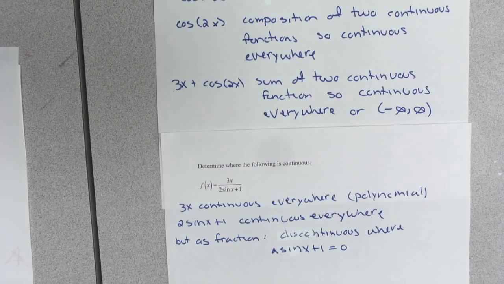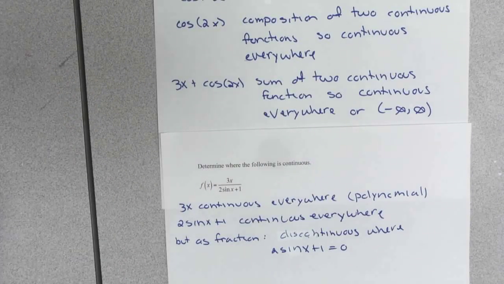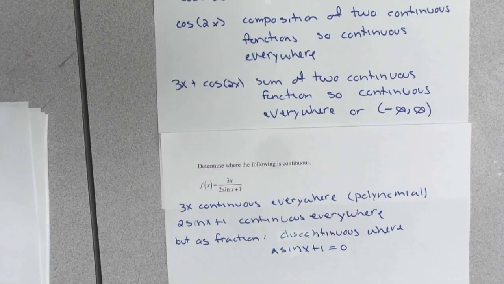And again, the reason why when we're dealing with fractions that we have discontinuities where the denominator is 0 is because division by 0 is undefined. And for continuity, you need things to be defined.